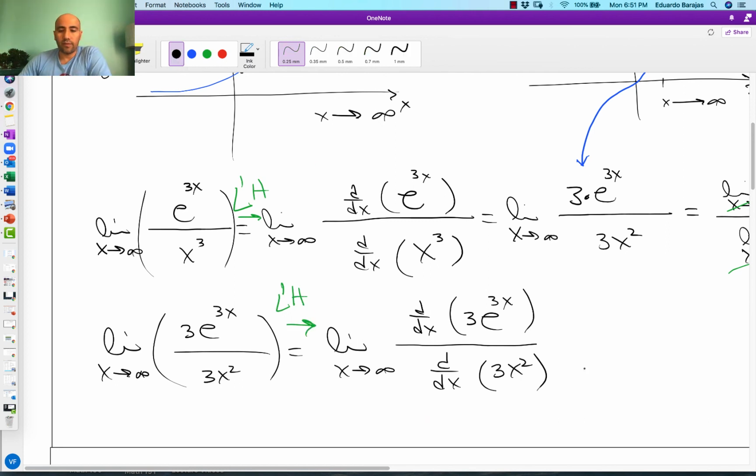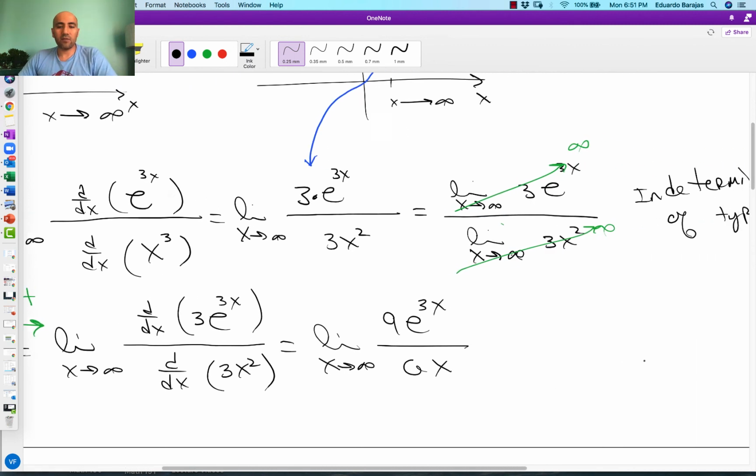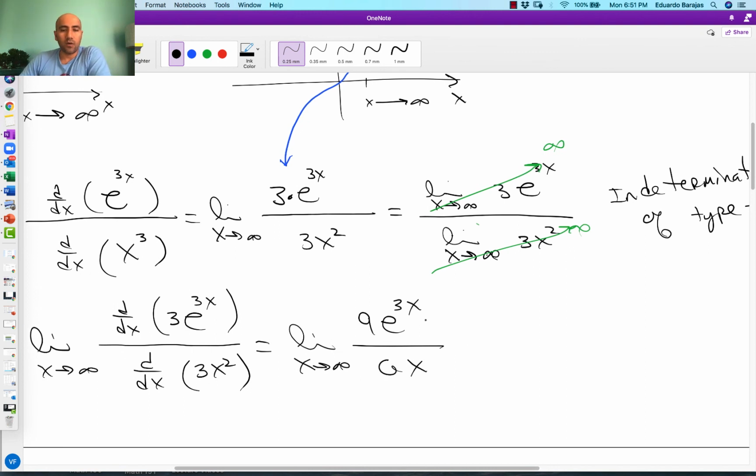Okay, so this is equivalent to the limit as x approaches infinity of, well, this is just going to be equal to 9e to the 3x divided by 6x. And once again, we're going to get the same result. If we try and evaluate this, we're going to get the limit as x approaches infinity of 9e to the 3x divided by the limit as x approaches infinity of 6x.